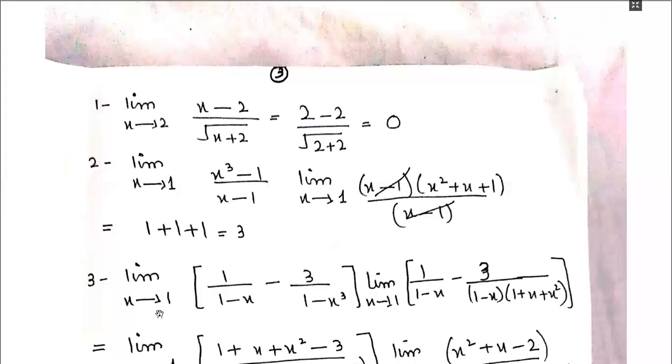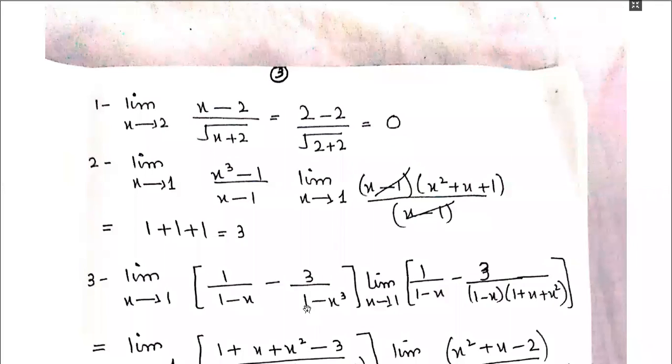Limit x tends to 1, apply here. What we get? 1 upon 1 minus 1, which means 1 upon 0. You know that 1 upon 0 is infinity. Minus 3 upon 1 minus 1, again infinity. Infinity minus infinity is an indeterminate expression. It means we need to further work out this problem.